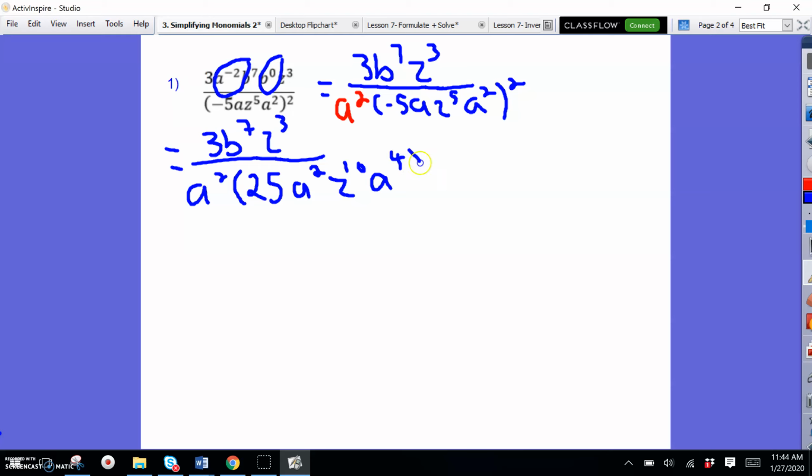Now that I have expanded that, we can multiply our denominators by putting bases together. So a squared times a squared times a to the 4th is just going to be a to the 8th power.